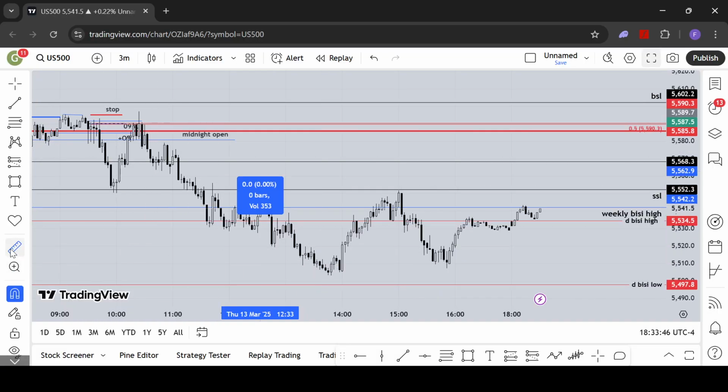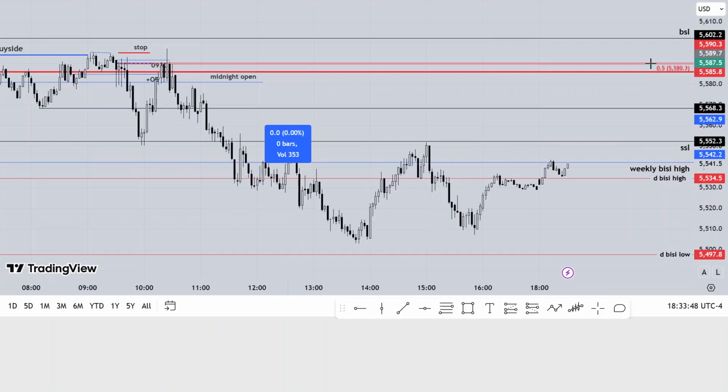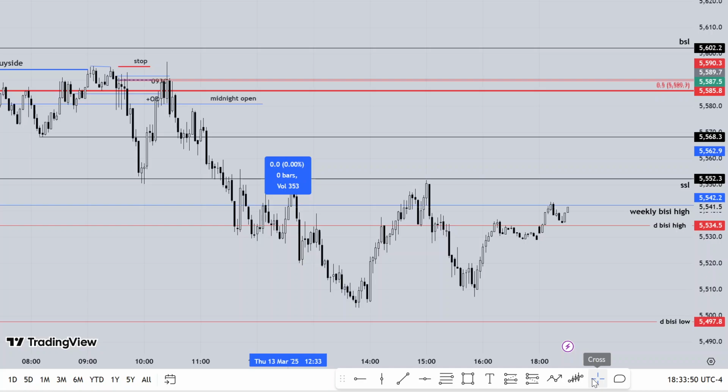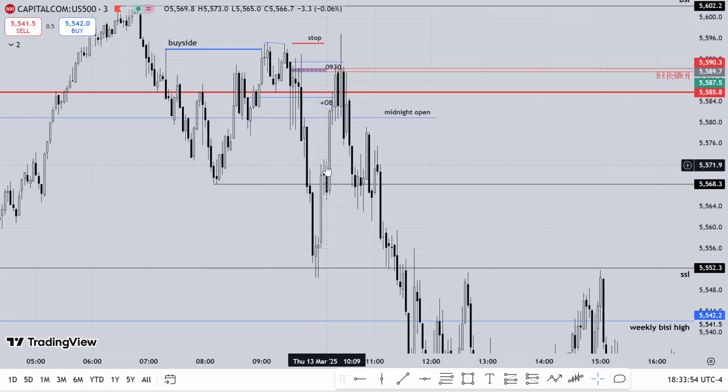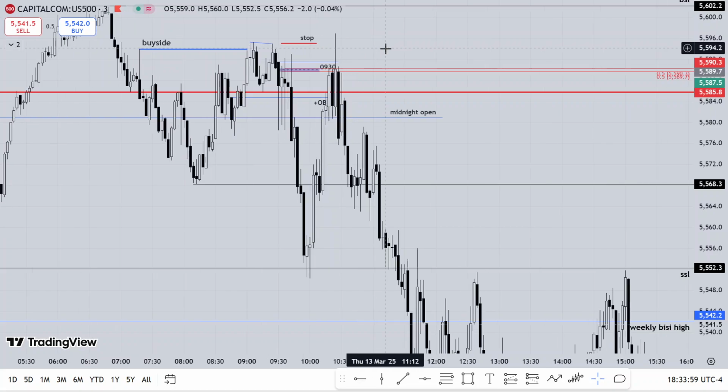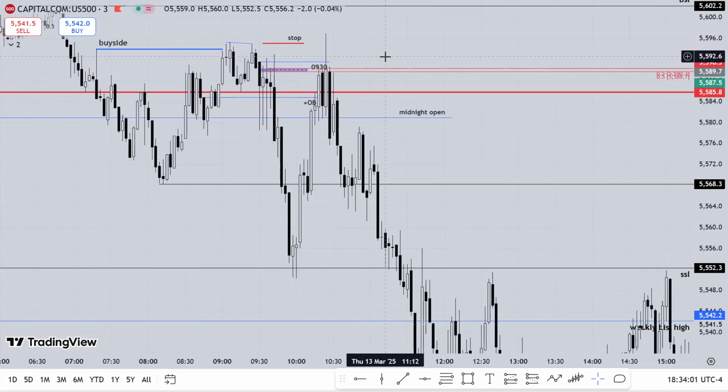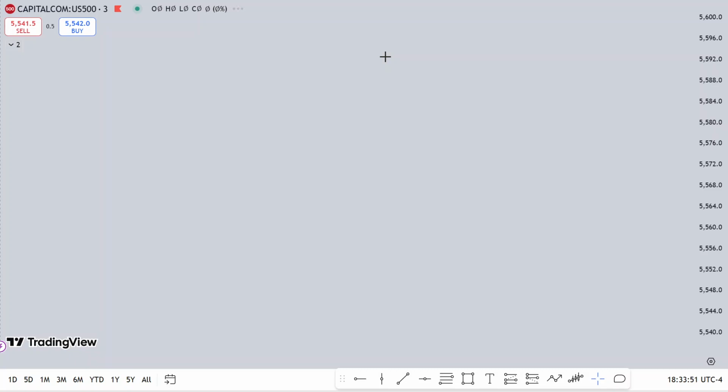And also, as you can see, during the AM session still, after 10 a.m., price rallied again into the gray pool. If you look carefully, you can see.